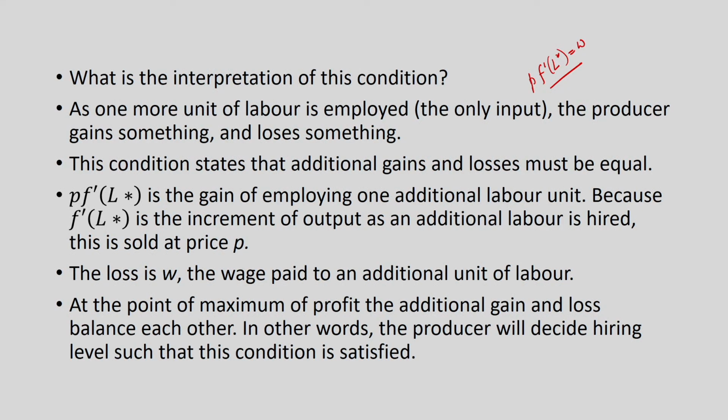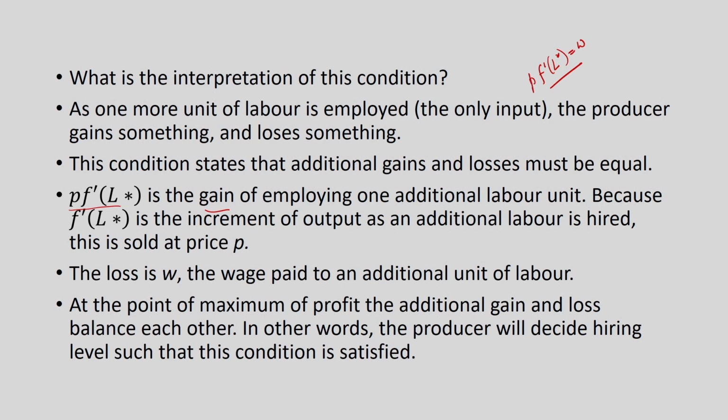The left hand side term, P multiplied by f dash of L star, is the gain of employing one additional labor unit, because f dash of L star is the increment of output as an additional labor is hired.